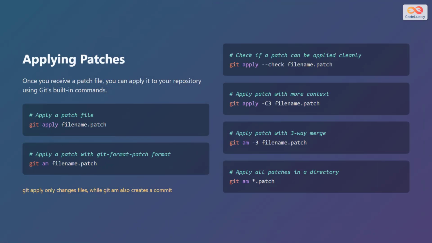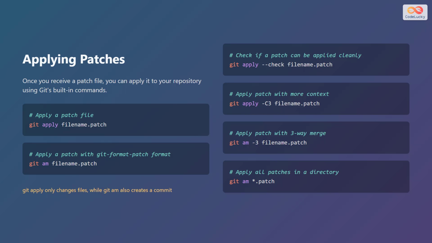Once you receive a patch file, you can apply it to your repository using Git's built-in commands. To apply a patch file, use the command git apply filename.patch. To apply a patch created with git format-patch, use git am filename.patch. Note that git apply only changes files, whereas git am also creates a commit.